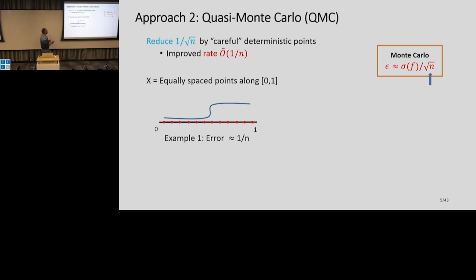So for example, let's say your function looks something like this, and it's a one-dimensional function. It might make sense to place points equally on this line and then take the average, right, instead of random points. And you would expect that the error, like you pick up half the contribution from here and half from here, so the error would go like 1 over n, because maybe this point is somewhere on either side.